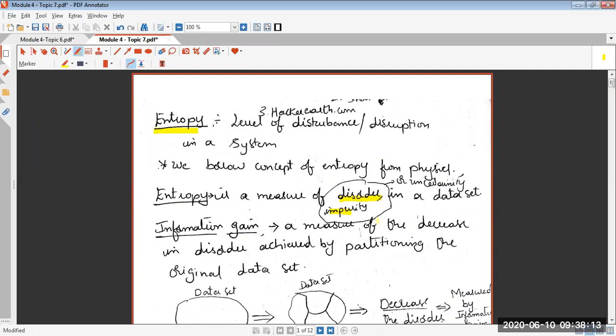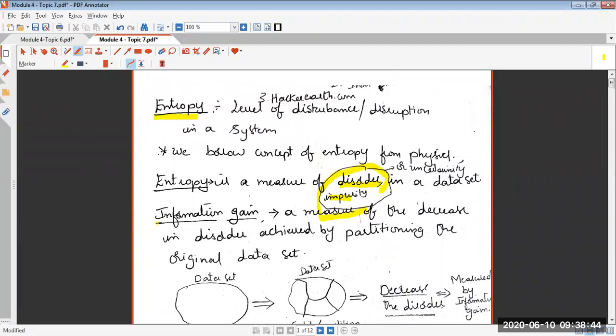You can see a complete disorder, a complete chaos there in the data set. It is difficult to identify which data element belongs to which class. It is completely heterogeneous. We have a variety of data. There is diversity in data. So that is entropy. And if that is the case, it will be difficult to determine to which class the data will belong. There is a challenge.